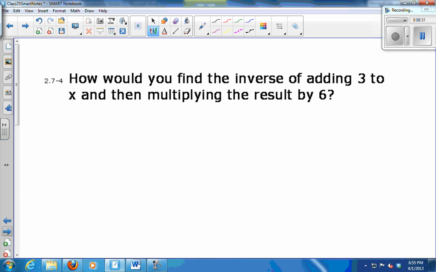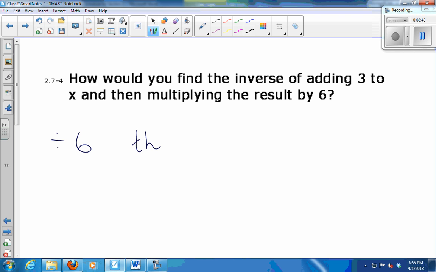So how would you find the inverse of adding 3 to x and then multiplying the result by 6? Divide by 6. So the last thing I did was multiply by 6. So the first thing to undo should be to divide by 6.